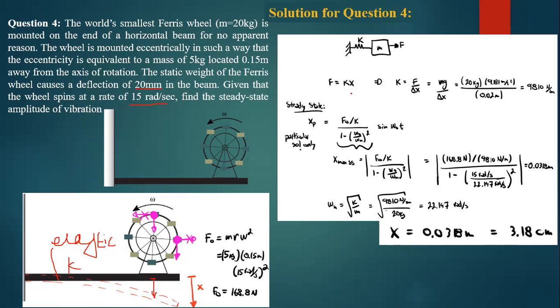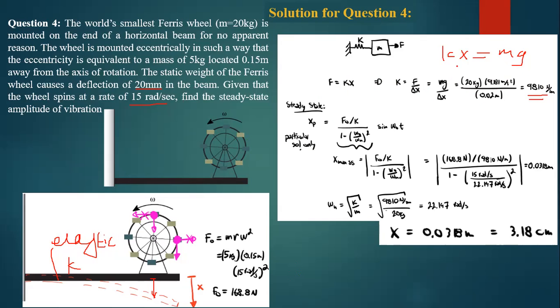So F is equal to kx, which is equivalent to mg in the static deflection condition. So kx is equal to mg. From that, we directly find k. K is equal to 9810, obtained from this formula.